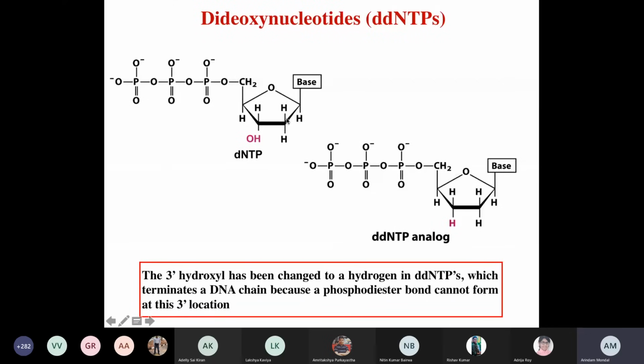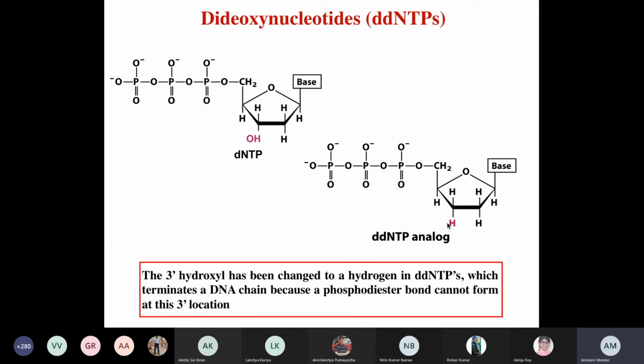Here you have the 2' H and 3' OH, and this is an analog of dNTP, which is ddNTP. This is 2' deoxyribose, and this is 2',3' dideoxyribose. So in the case of the ddNTP, it has hydrogen at both the 2' and 3' positions.